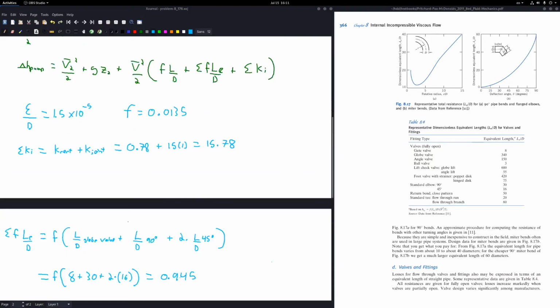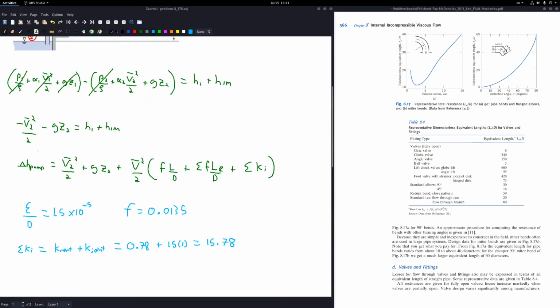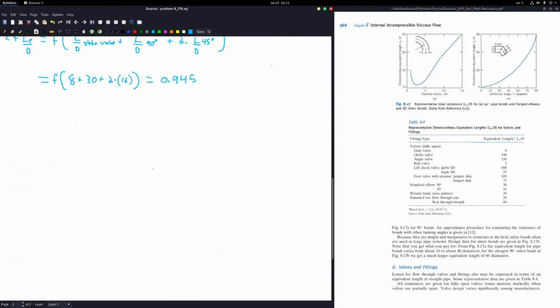Now we can retake our Bernoulli expression as found earlier and replace in it our minor losses and our major losses in the system.